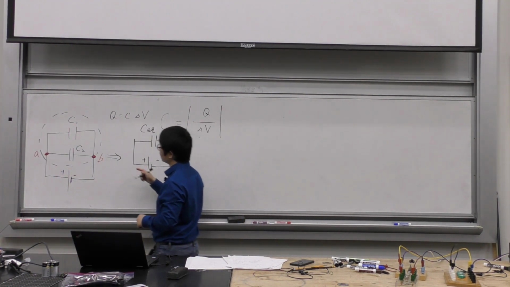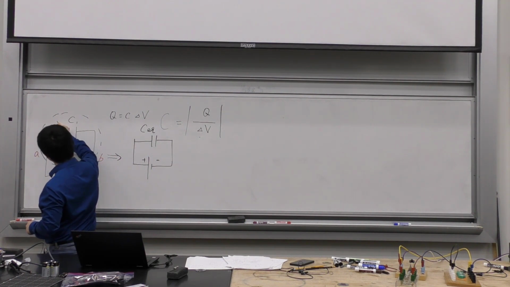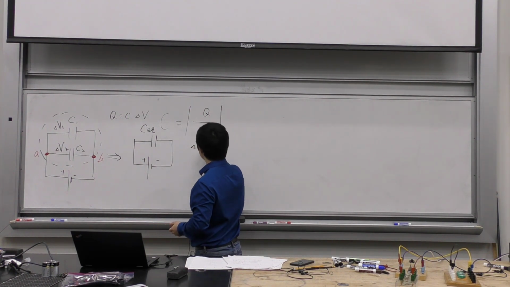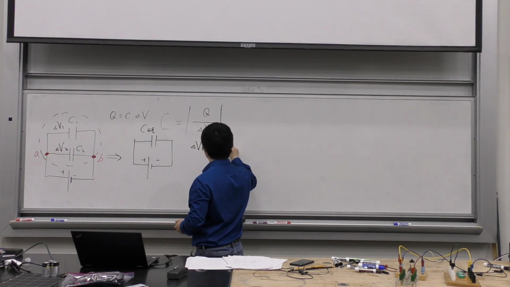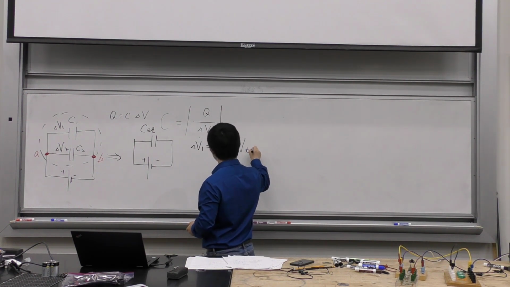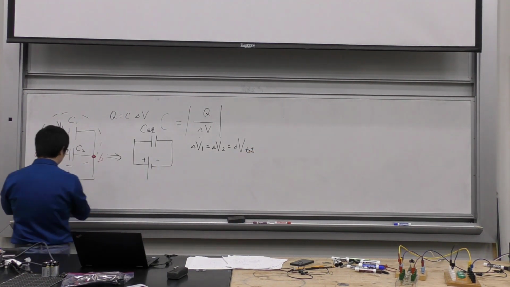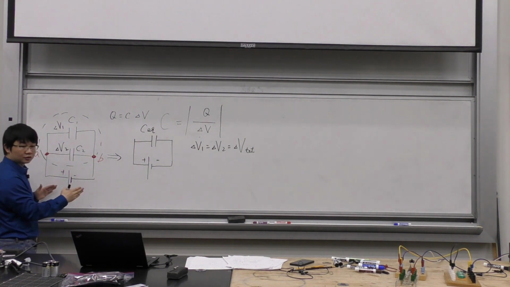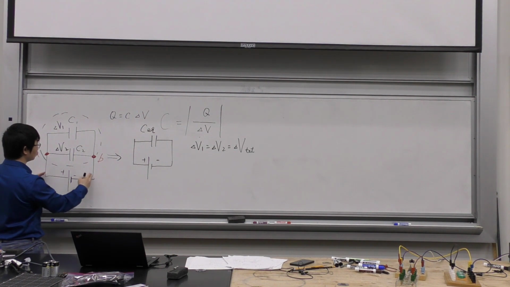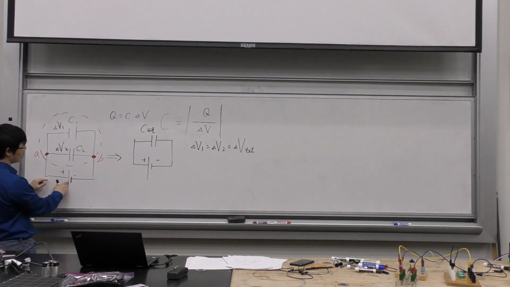So if I call the voltage on this one delta V1 and on this one delta V2, they should be the same and equal to the total voltage they get from the battery. The battery has its own voltage, which is applied to A and B. A is connected to the positive terminal, B to the negative terminal.